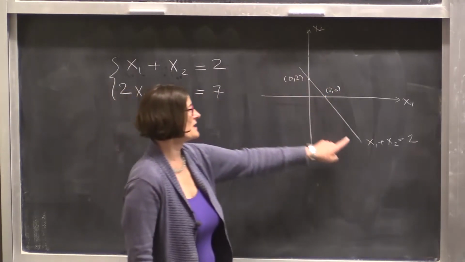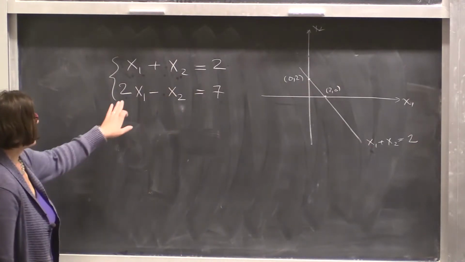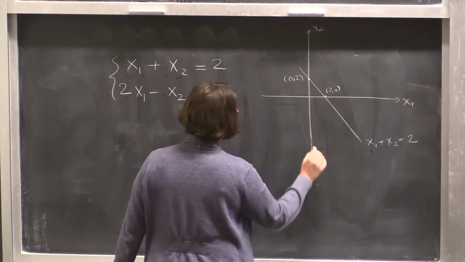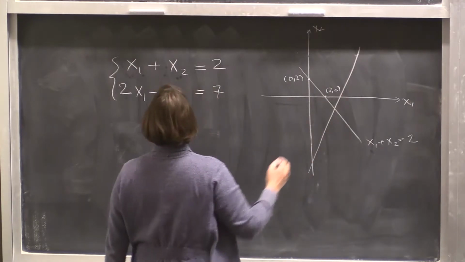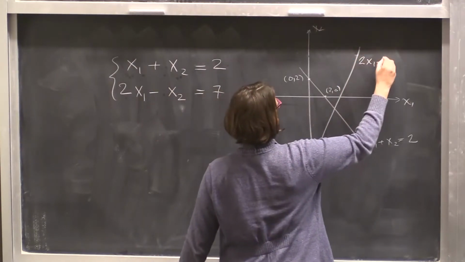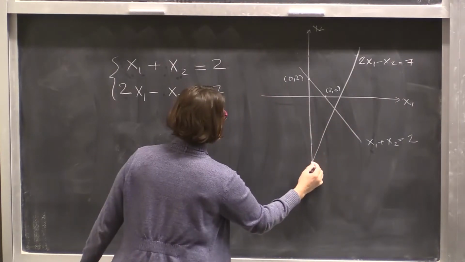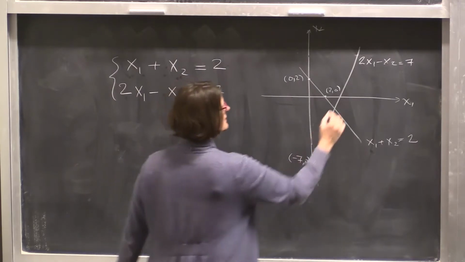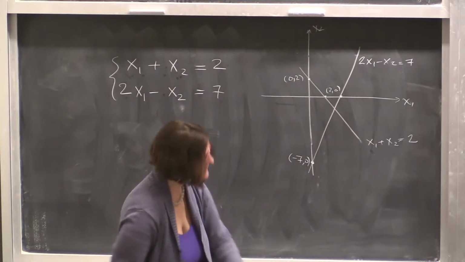There are infinitely many points which satisfy this one equation. Now I can draw all of the points which satisfy the equation 2x1 minus x2 equals 7. This is the point 0, minus 7. This is the point 7 halves, 0.